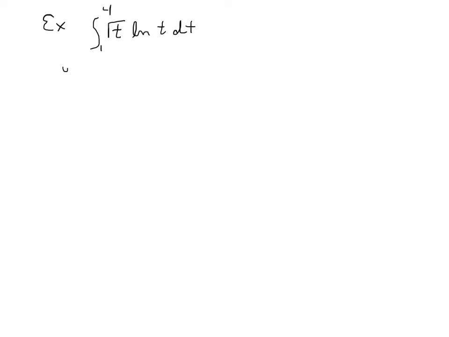So to do parts, we need to choose a u, we need to choose a dv. Now, if I choose u as root t, because I think that is intuitively what a lot of people would do, my dv would be natural log, and then I would have to integrate that.